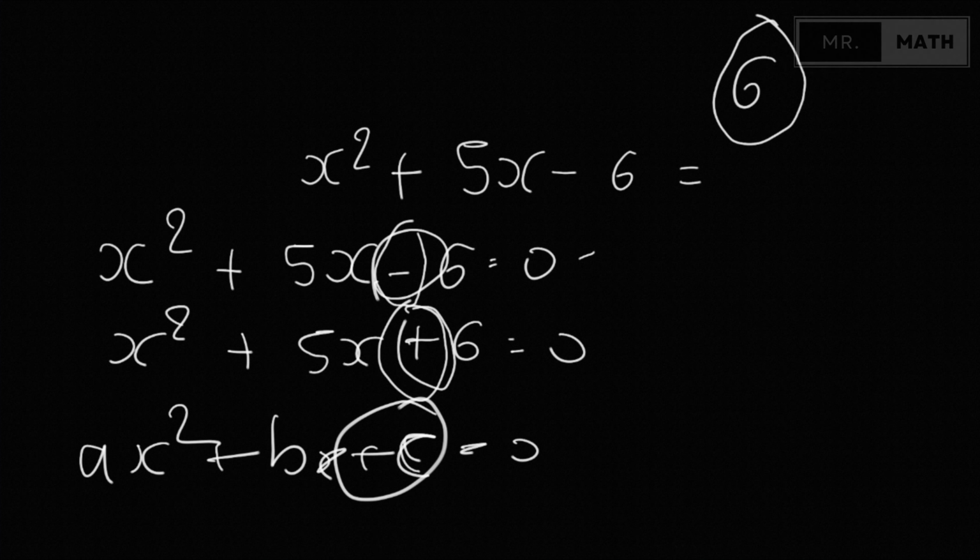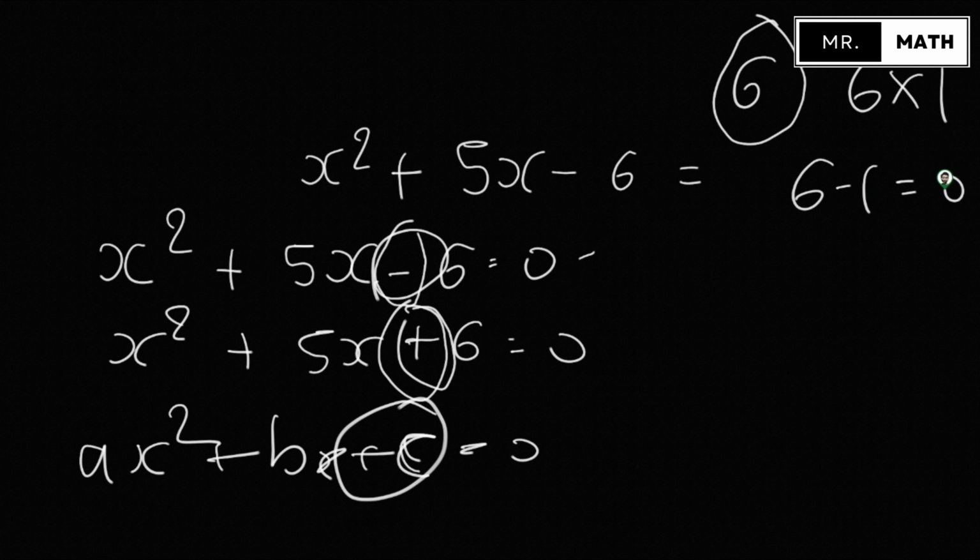Can you find these factors? Easy peasy. 6 into 1. 6 minus 1 is 5. Simple.